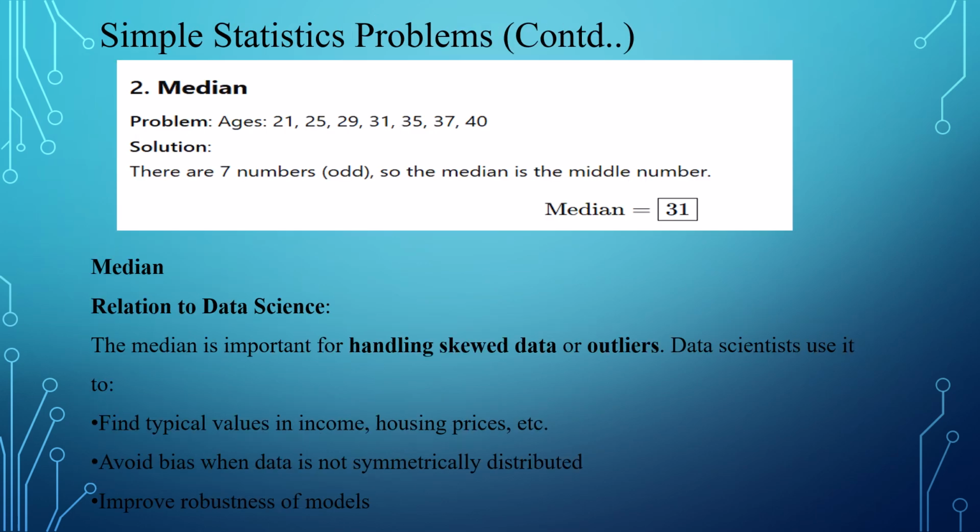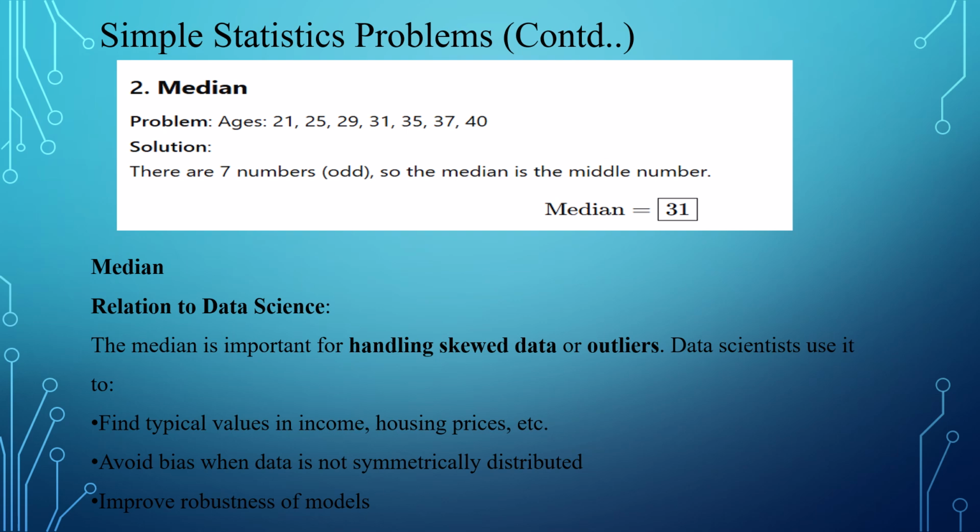Next, the second simple statistics problem is the median. Now we will see how to calculate the median for a set of 7 numbers. Since 7 is odd, we take the middle value as the median. The fourth value is the middle value among these 7, so 31 is the fourth value, and 31 is the median.